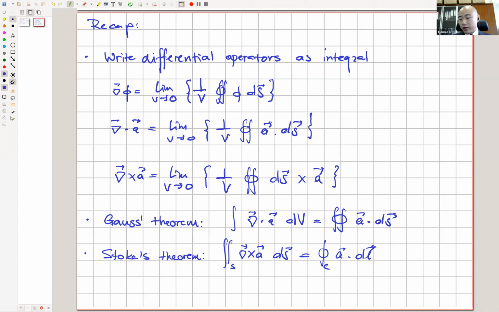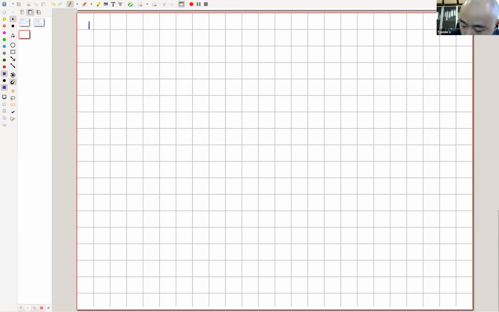So naturally, using Gauss's theorem and Stokes' theorem, we are able to re-express Maxwell's equations in a particular form. So let's continue this.